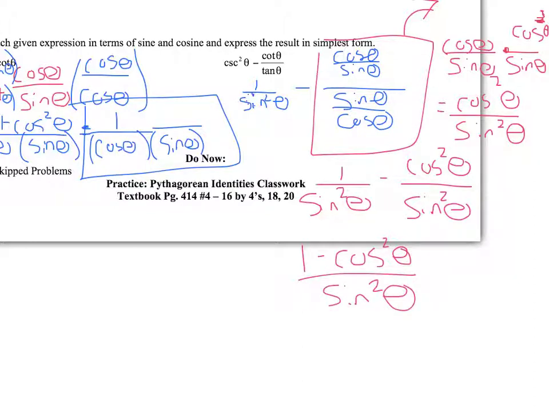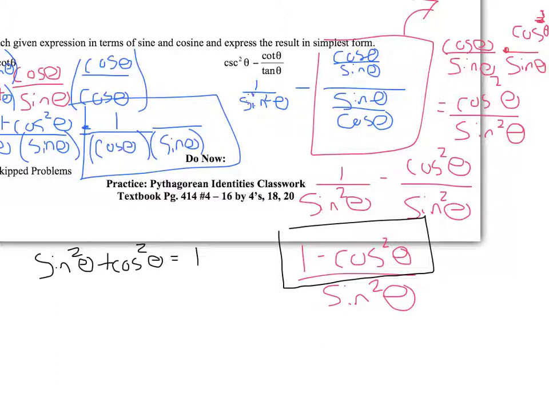Now this is where you think you might be done. However, that numerator, and you will get used to seeing this, can simplify more. Remember this identity, the Pythagorean identity: sine squared plus cos squared equals 1. Now let's see what happens if I just move the cos squared theta to the other side.